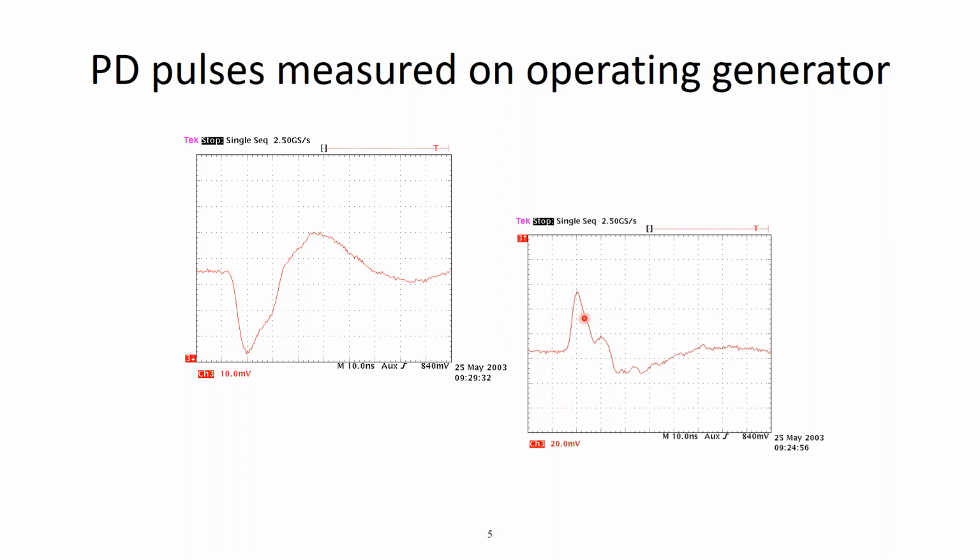In fact, I use this example exactly because this is actually a 50 millivolt pulse, which means it's a 1 milliamp pulse current. Okay, so we're going to come back to these pulses a little bit later because this is going to be important to us for how we measure PD.